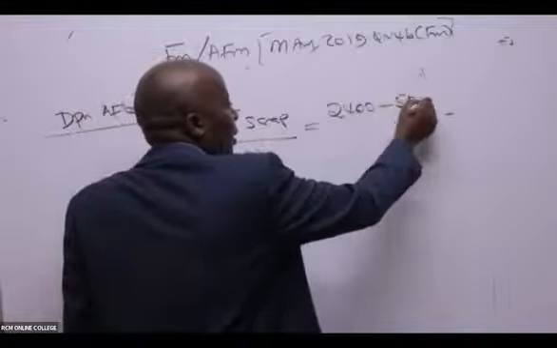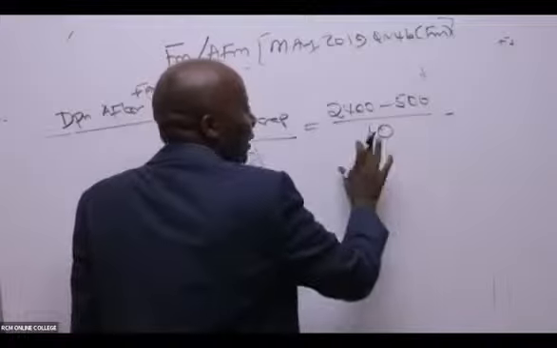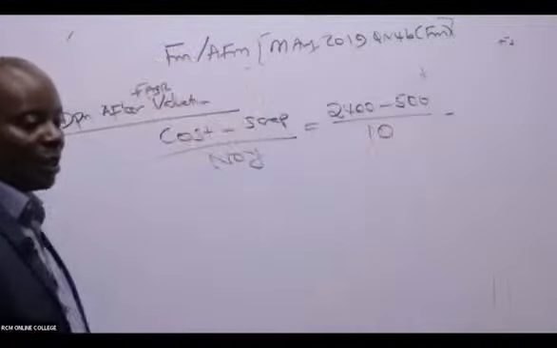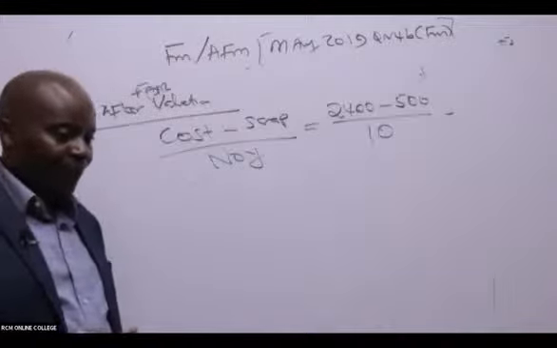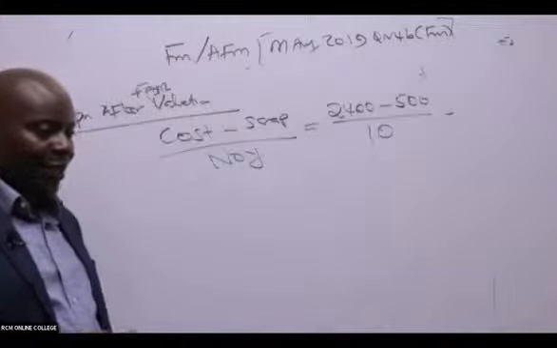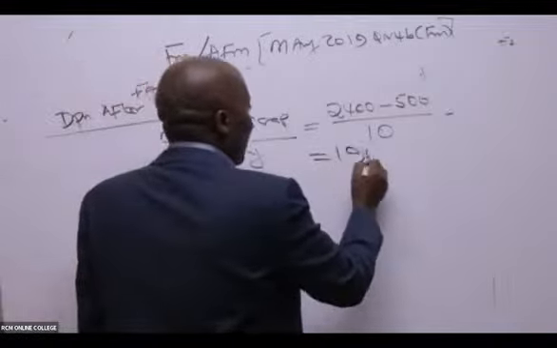Scrap value is 500, divided by the number of years, these additional years, they are 10. Is there somebody who is able to give me this figure? 190, right? They're giving me a figure of 190.